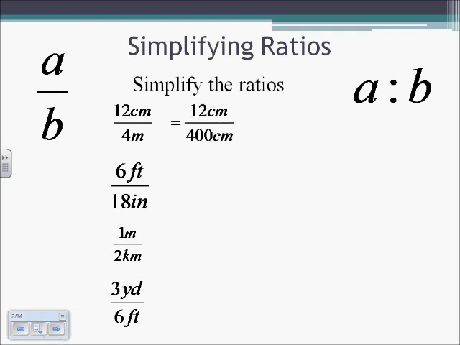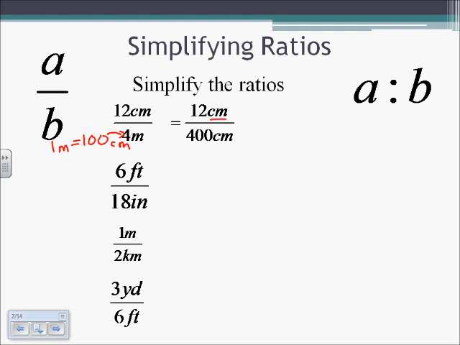We'll do that by taking the larger of the two measurements, the meters, and converting meters into centimeters. There are 100 centimeters in 1 meter, so I take how many meters I have, 4, multiply it by 100, and I get 400 centimeters.